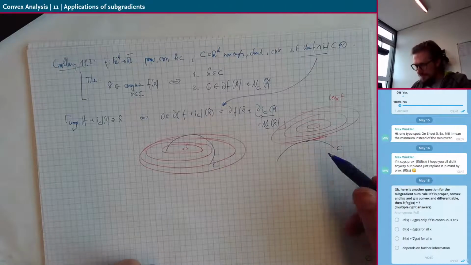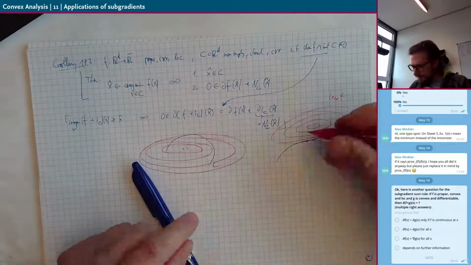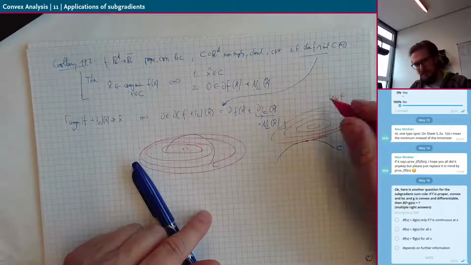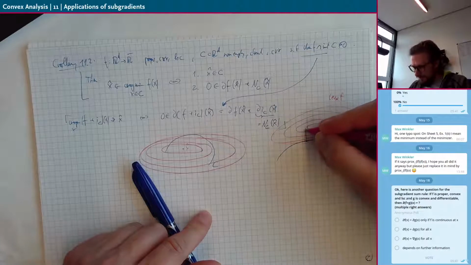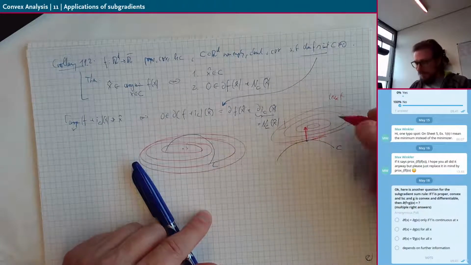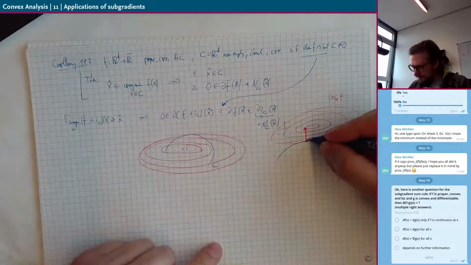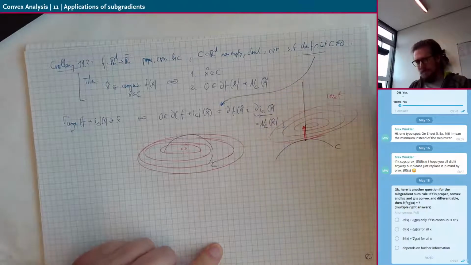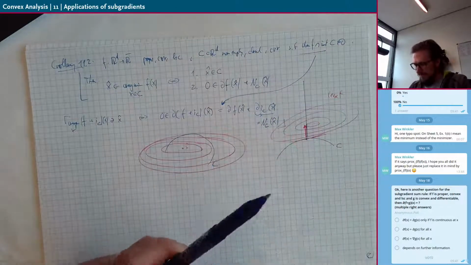Why does it correspond to this condition here? Well, the level sets are all smooth, so the subgradient is only the gradient, and it points in this direction, with some length that depends on how dense the level lines are here. But the normal cone here is also this line. Actually, that's the negative subgradient which I drew.